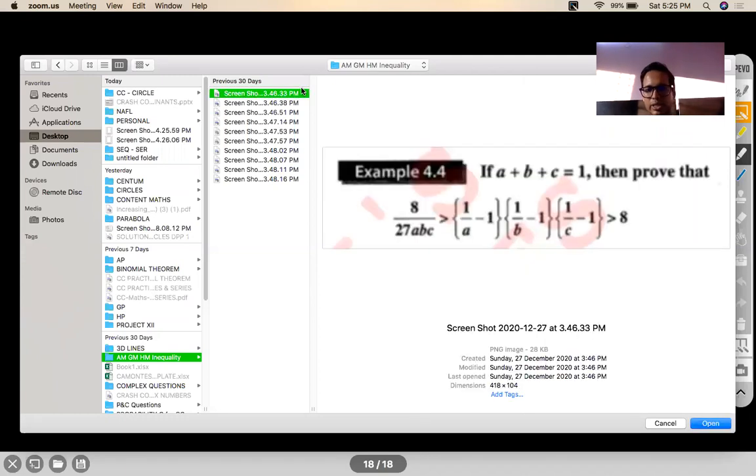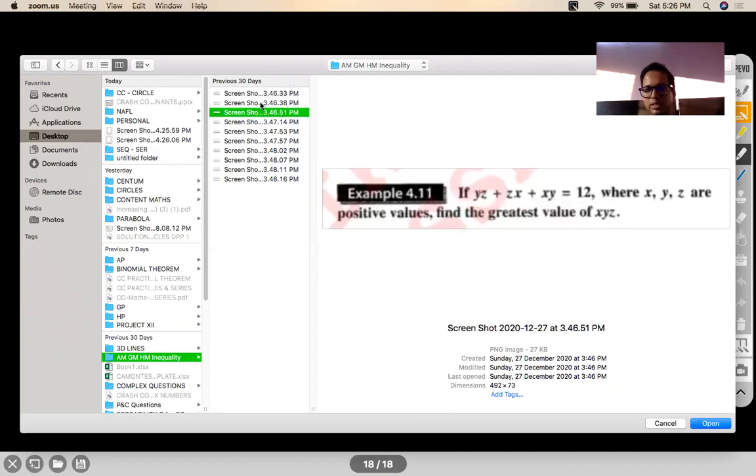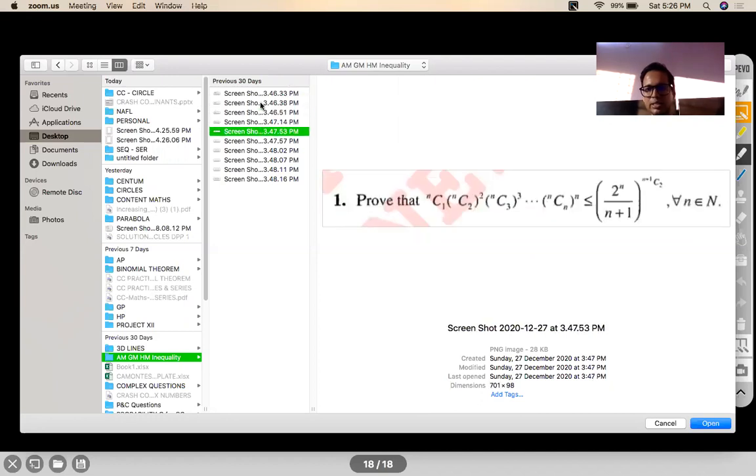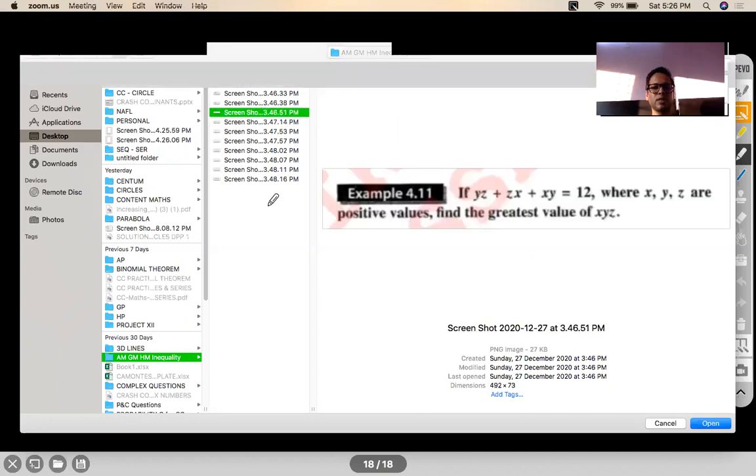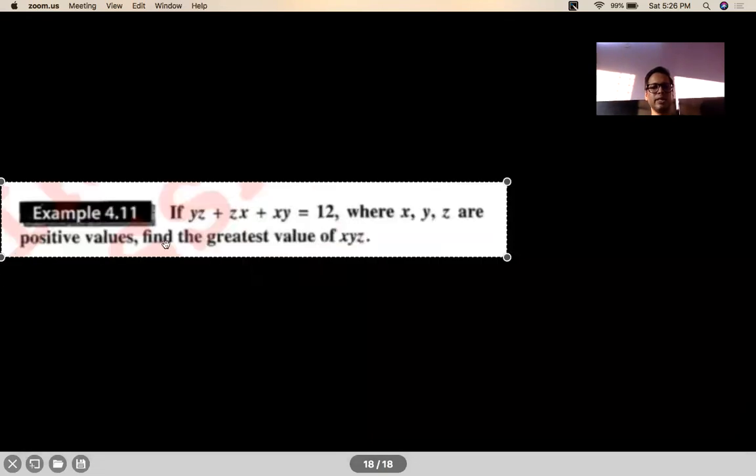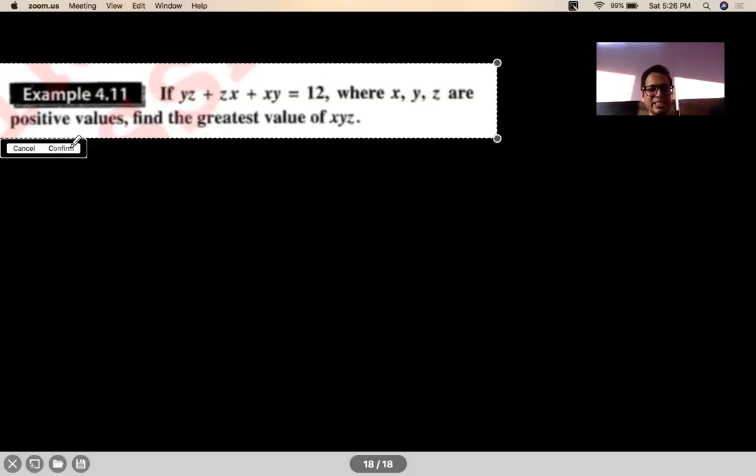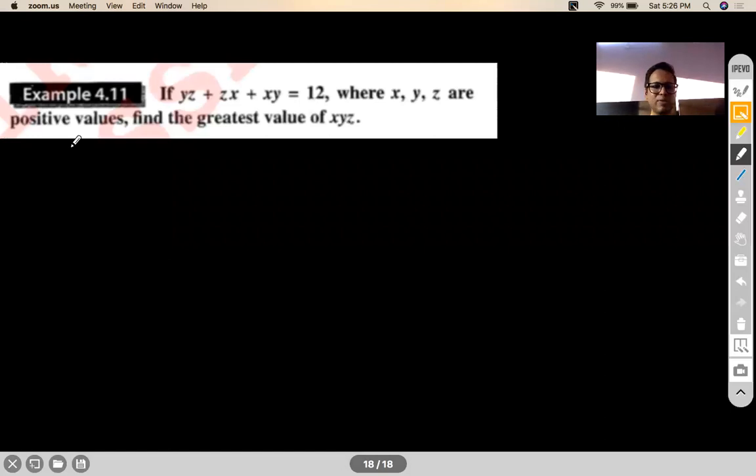The first question that we will solve is this one. If yz, zx, xy add up to give you 12, and x, y, z are positive values, find the greatest value of xyz.